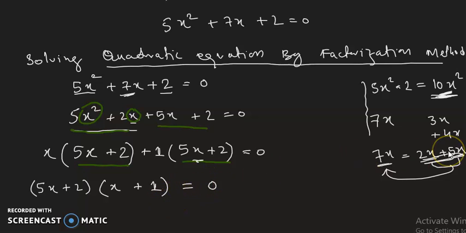Now in order for the product of these two terms to equal 0, we need either 5x plus 2 equals 0 or x plus 1 equals 0. It is the basic rule in mathematics: if the product of two terms is 0, at least one term must be 0. So we will write here 5x plus 2 equals 0 or x plus 1 equals 0.